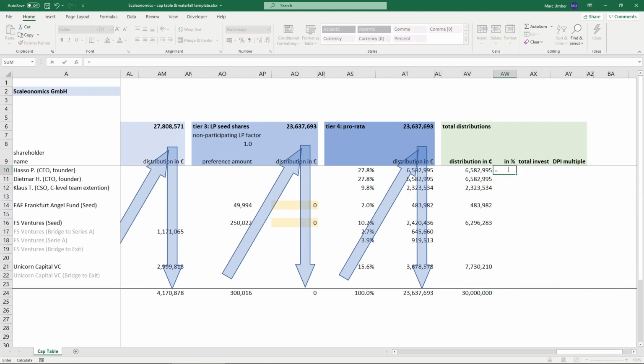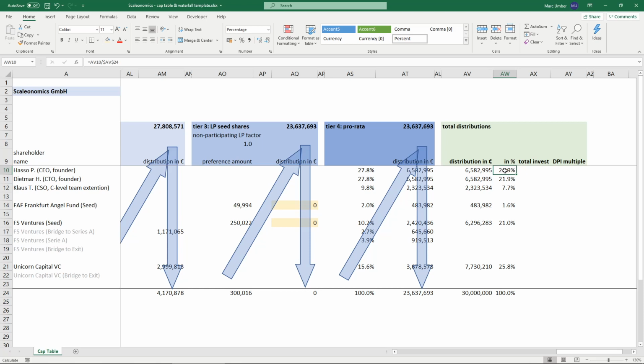Now we can calculate the fraction of the total proceeds for every shareholder. And we see for Hasso, for instance, Hasso is a common shareholder, the founder and owner.